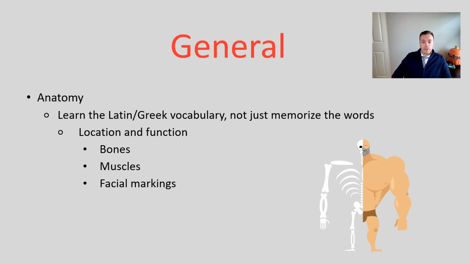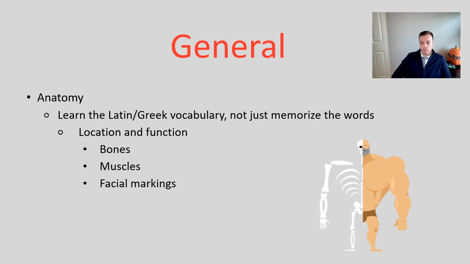But what I'm going to offer you instead is that as you're studying, you need to learn the Latin or Greek vocabulary that is attached to it. Why? Because frequently they will tell you location and function. Bones, muscles, and facial markings all follow this, right?